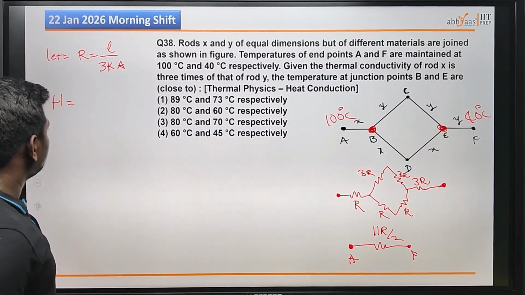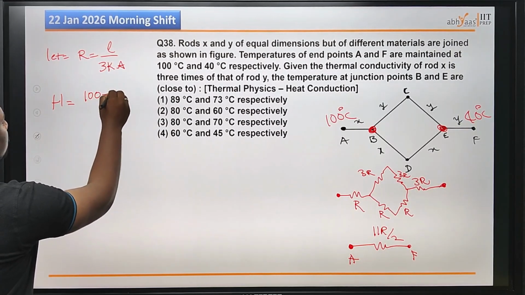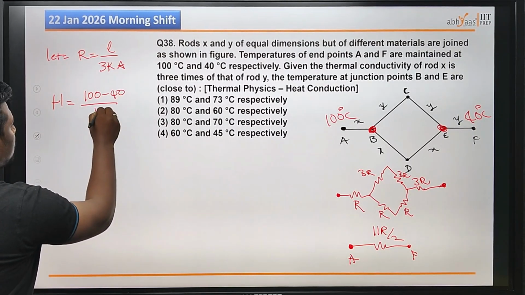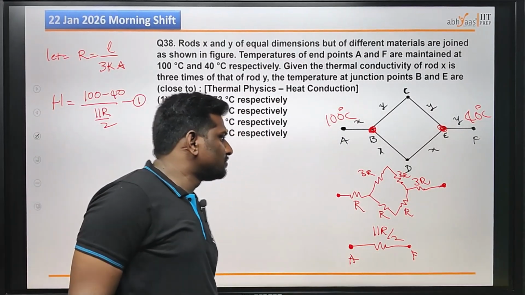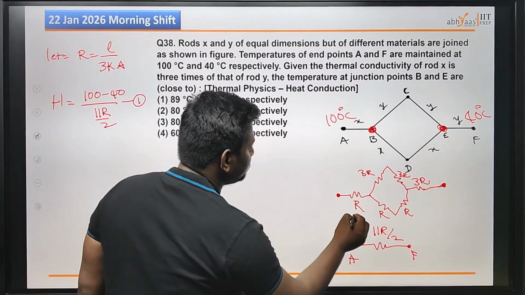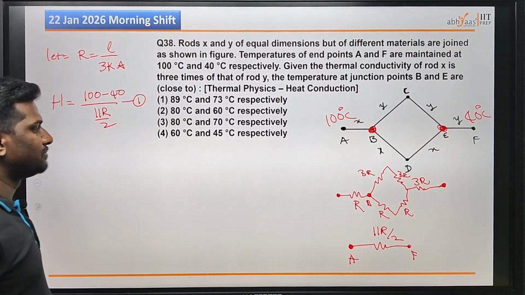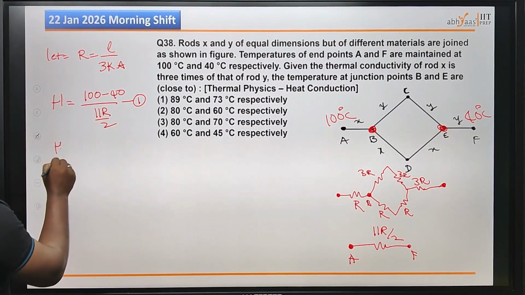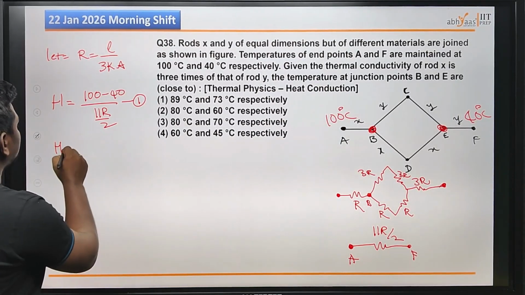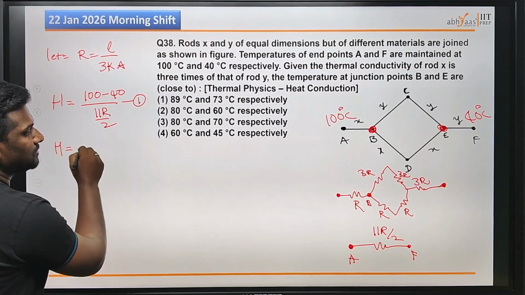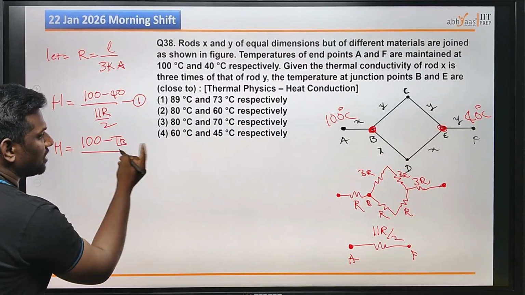So for this condition, heat equals 100 minus 40 by 11R by 2. This is equation 1. This is the condition. And the next one, see here, this is the point B. So at point B, heat can be written as 100 minus TB by what is the resistance?